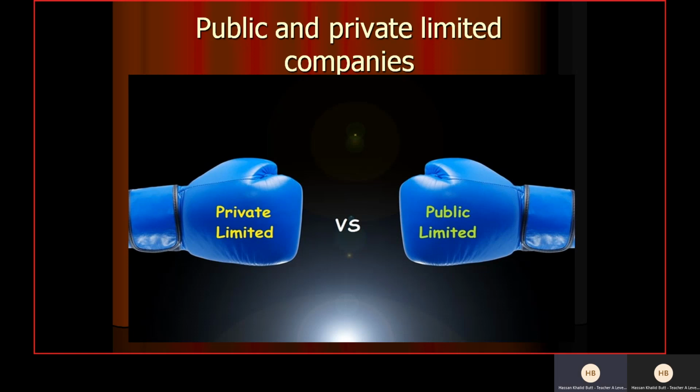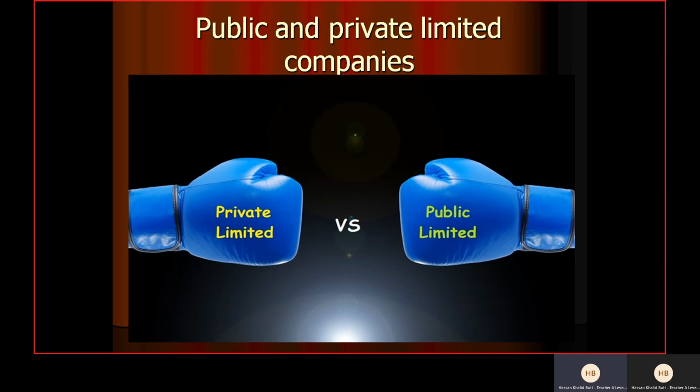Okay, now we'll talk about the two types of limited companies, public and private limited companies. To start with, you need to understand why the word public is there and why the word private is there with the other type of limited company.